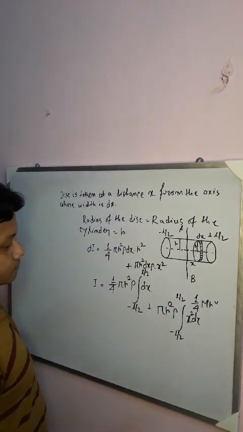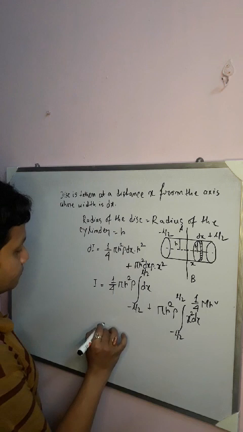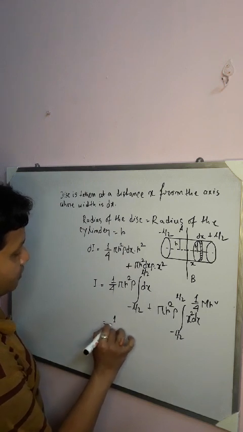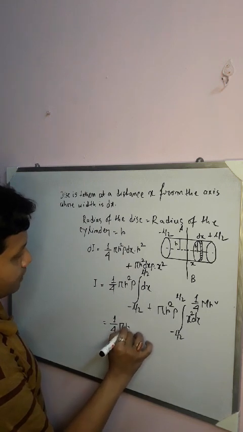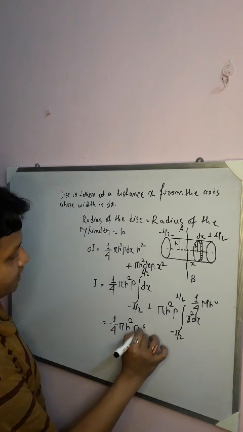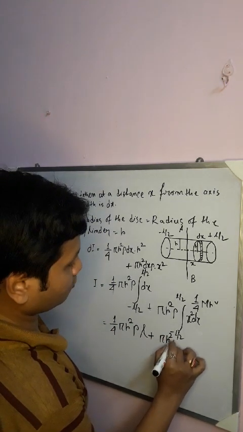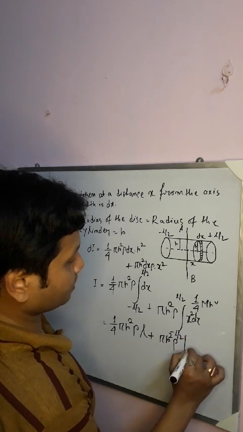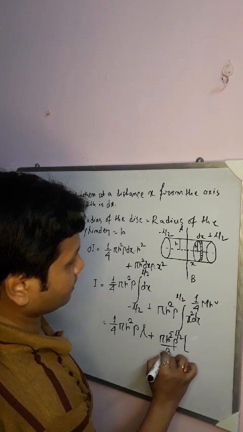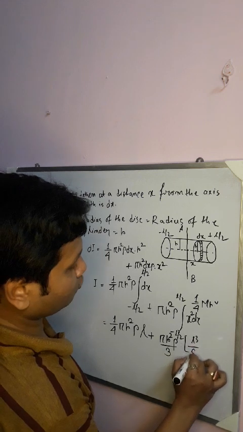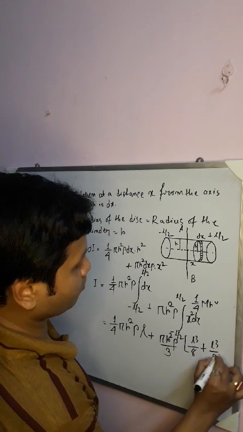So the result will be 1/4 pi r square rho, integral from minus L by 2 to plus L by 2 of dx, plus pi r square rho, integral of x square dx from minus L by 2 to plus L by 2. This is simply 1/4 pi r square rho L, plus pi r square rho x cube by 3, that is L cube by 8 plus L cube by 8.